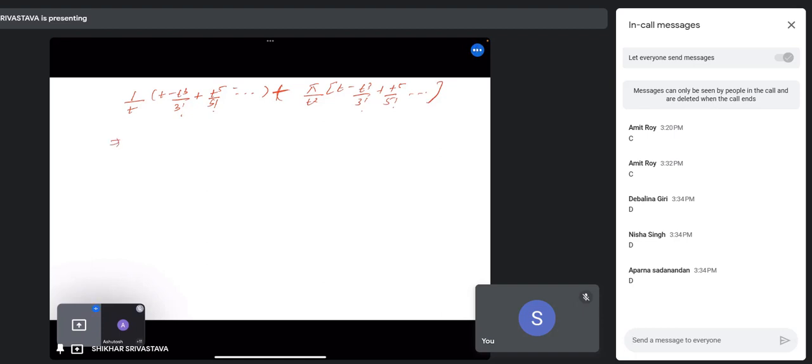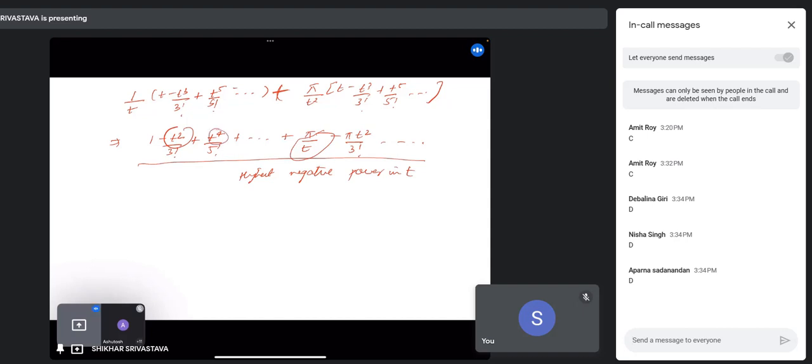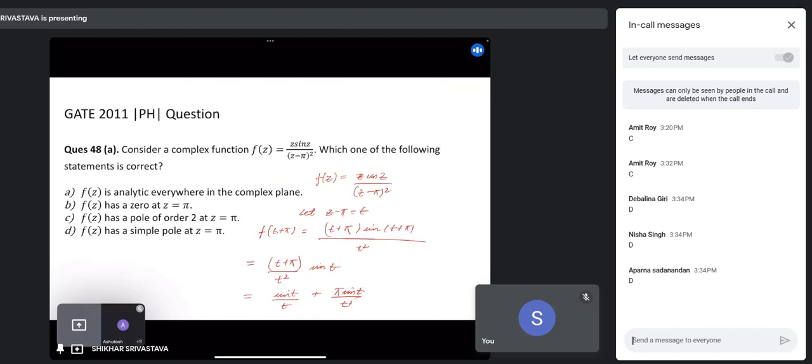So it will become 1 minus t square by 3 factorial plus t to the power 4 by 5 factorial, and so on to infinity, plus pi upon t minus pi t square by 3 factorial. So now this is the final expression. Now you find the highest negative power in t. The highest negative power in t is this, because the rest are positive powers: t square, t to the power 4, t square. In this case you have 1 by t, and t is nothing but z minus pi.